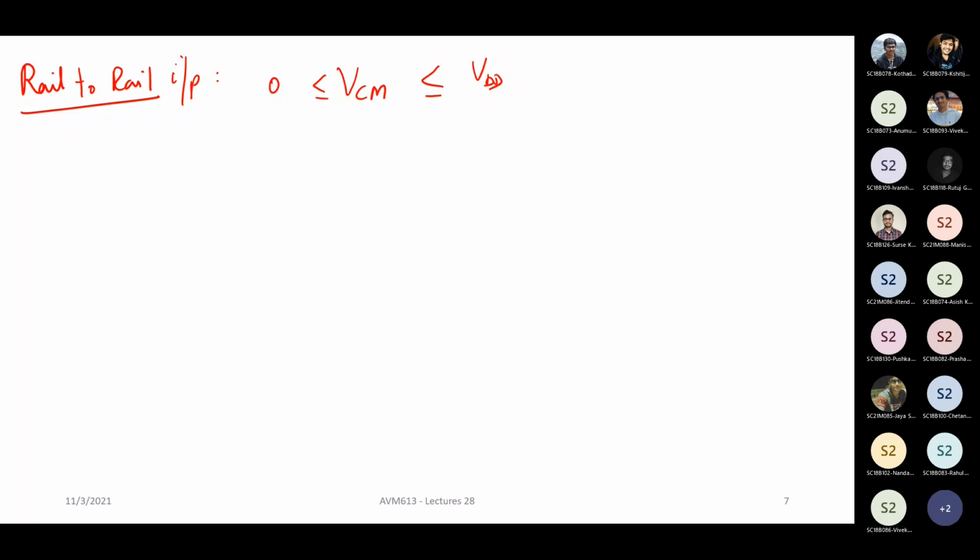All right. Now, this is a very desirable thing in a lot of applications, especially when you're trying to build an ADC or do all those things. A rail-to-rail op-amp is quite important. There are situations where you really don't know what is going to be the input common mode voltage.